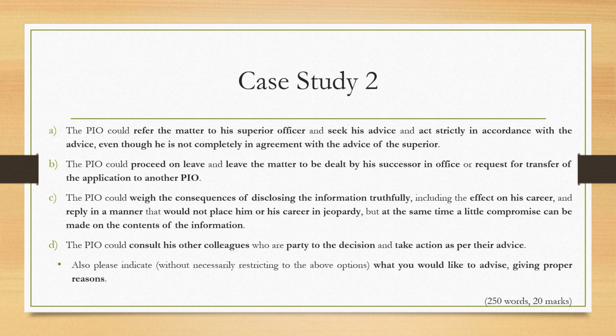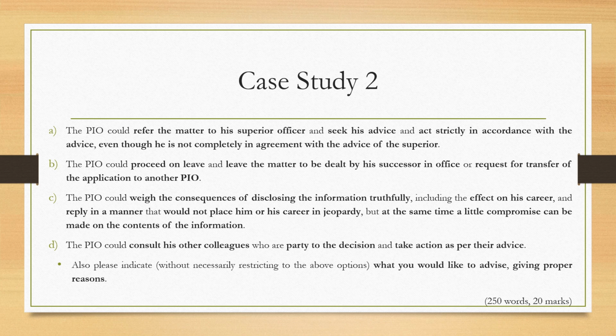So he weighs the consequences of disclosing the information truthfully, and the main focus is the effect on his career, and he replies in a manner that does not harm his career or himself, and modifies the contents of the information a little bit so that there can be a little compromise, right?